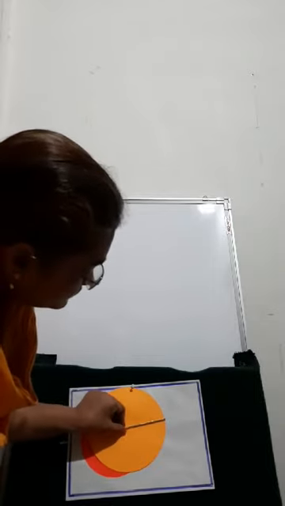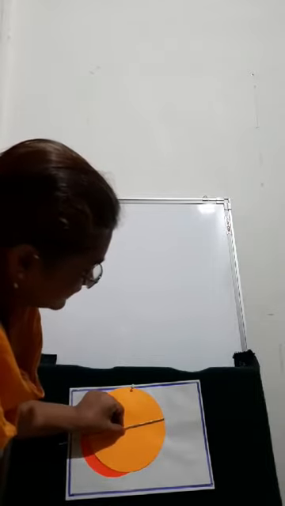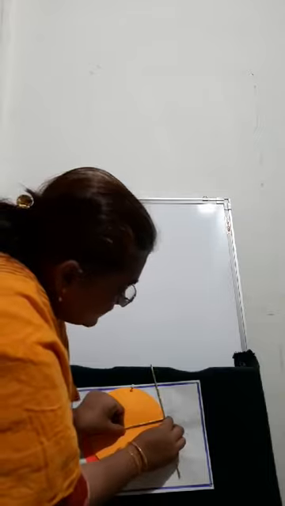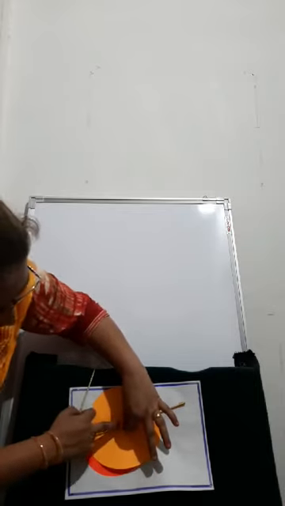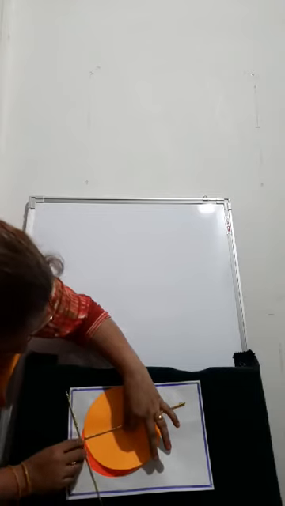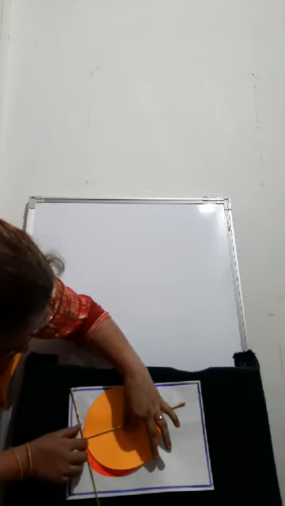Again, if I take the radius like this, again I have to put it like this. This is the radius because this is the center point. I have to keep this like this.